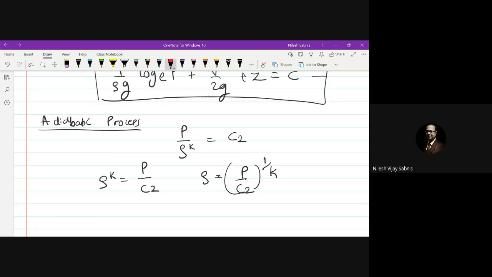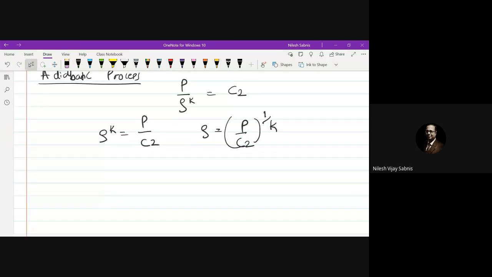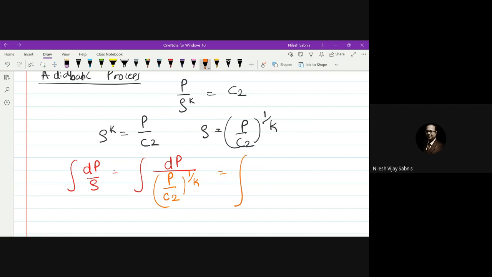The next procedure will be the same, that is, the integration dP by rho is equal to integration dP divided by what, P by C2 raised to 1 by K. Or we rewrite it as C2 raised to 1 by K, P raised to 1 by K into dP.